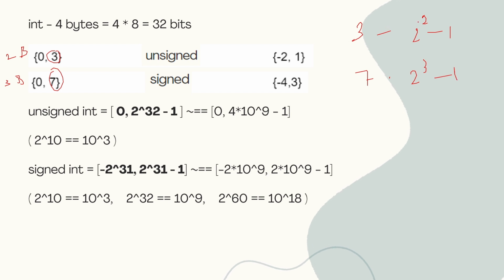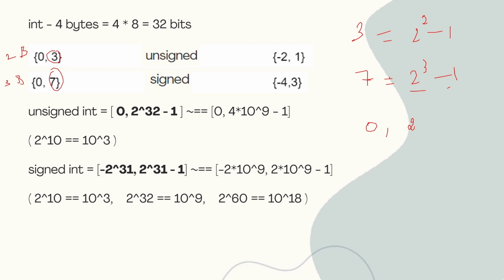That means 4 minus 1 is 3 and 8 minus 1 is 7. So you got a formula kind of thing: 0 comma 2 power whatever number you have, minus 1.